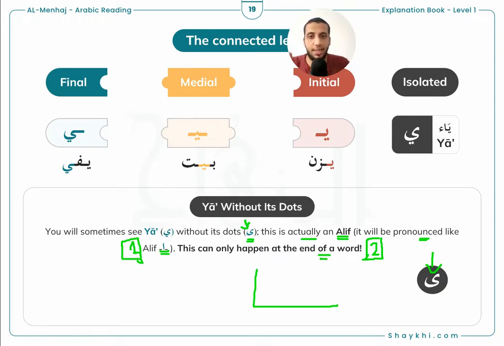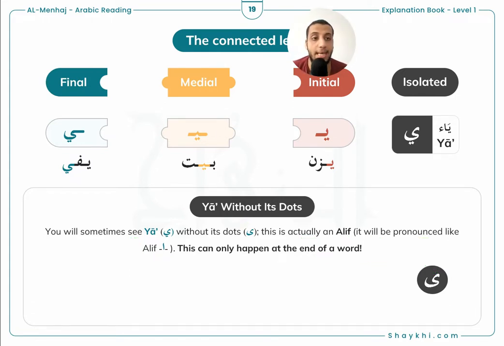The third point: can it come at the beginning, middle, or the end of the word? No, just at the end of the word. So these are the three points. As you can see, al-ya without dots doesn't have an initial form or a middle form, just the final form, as we said.